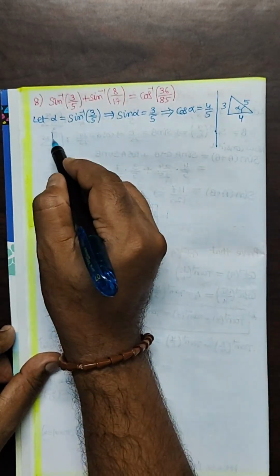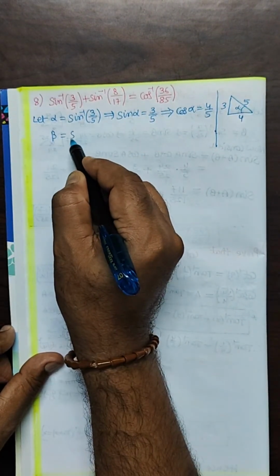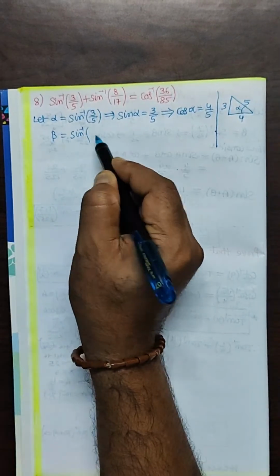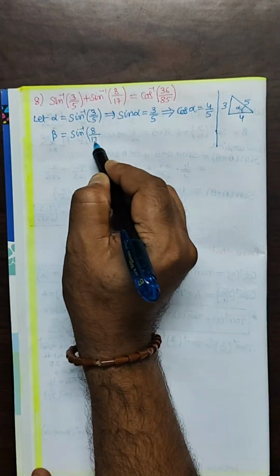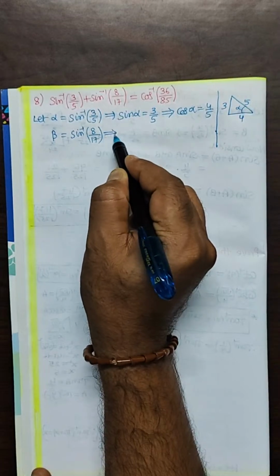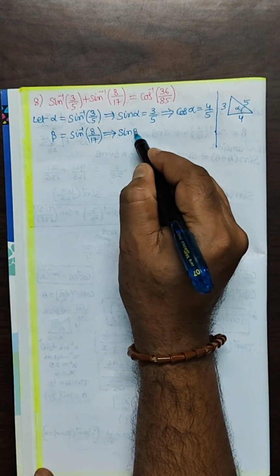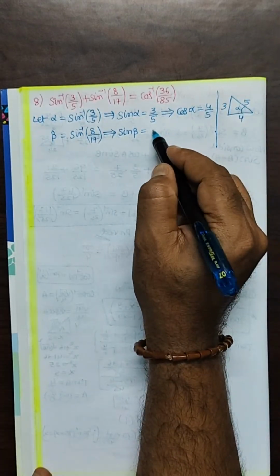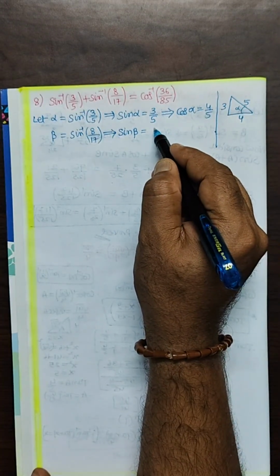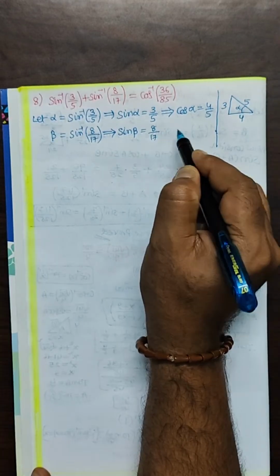Next, beta equal to sine inverse of 8 by 17. That implies sine beta is equal to 8 by 17.